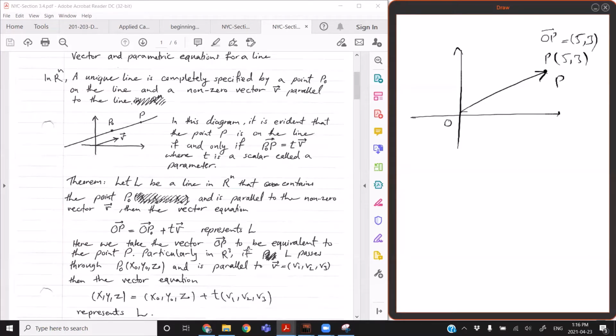So here, we are representing the line as a bunch of vectors. This line here is represented as all the vectors that go from O to a point on the line. Is the idea clear?